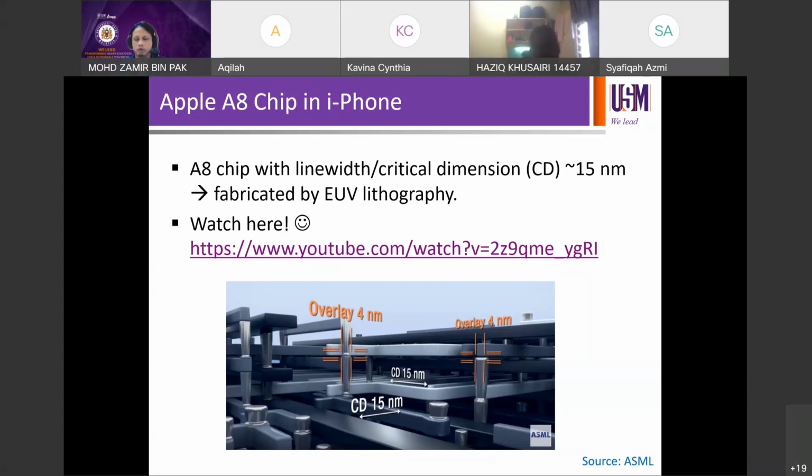Okay, so this advanced chip technology, for example, if you talk about 15 nanometer, can only be fabricated by using an EUV lithography system. EUV lithography is actually one process that you're going to use to fabricate a chip, just like a typical printing process.